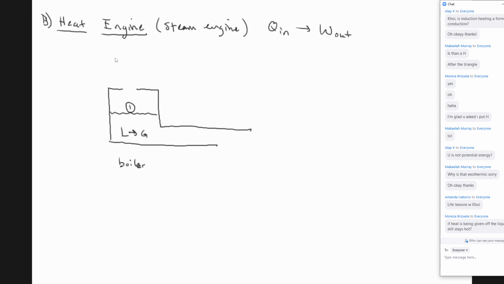Okay. That goes into a system. It has a valve and it goes into a piston within your system.